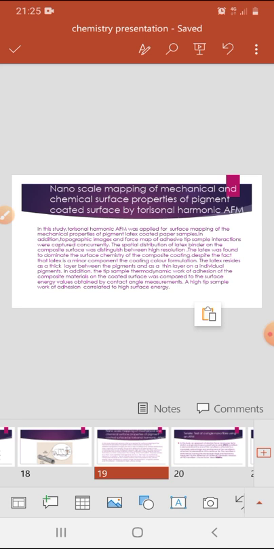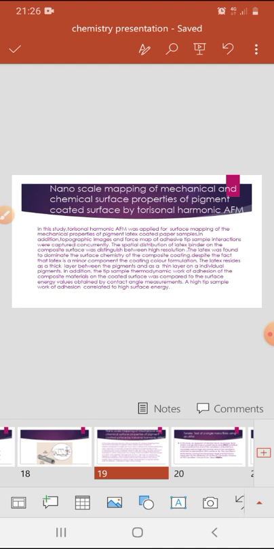The spatial distribution of latex binder on the composite surface was distinct at high resolution. The latex was found to dominate the surface chemistry of the composite coating, despite the fact that latex is a minor component in the coating color formulation.